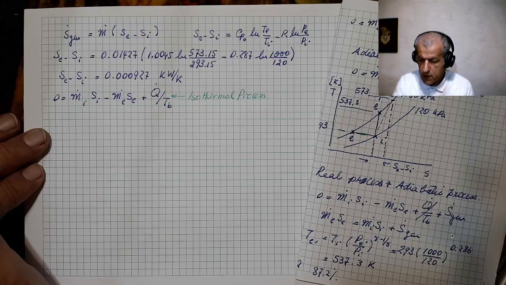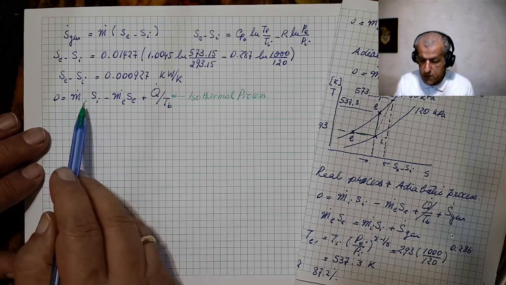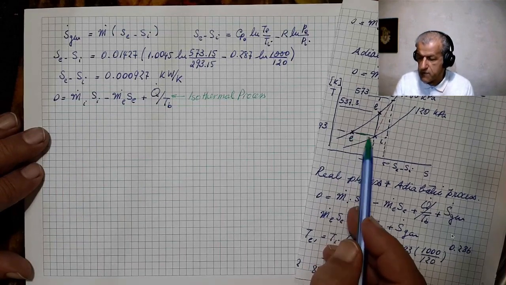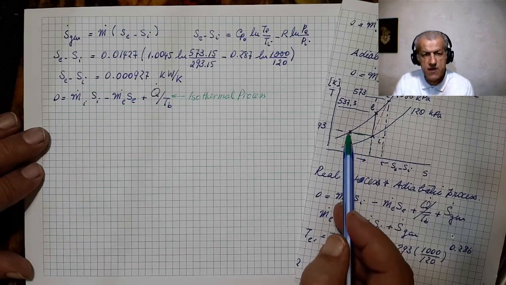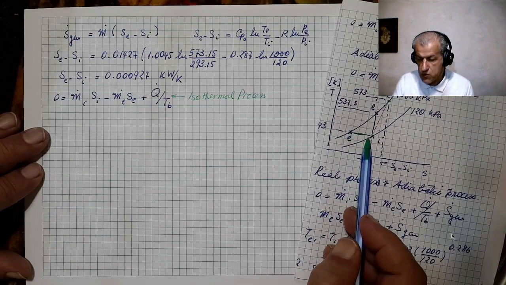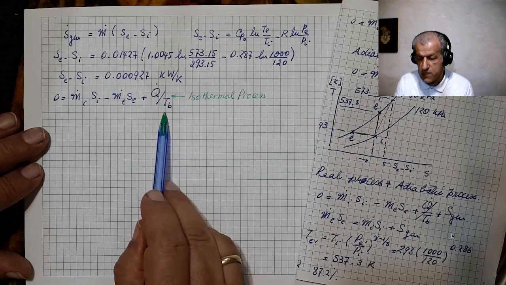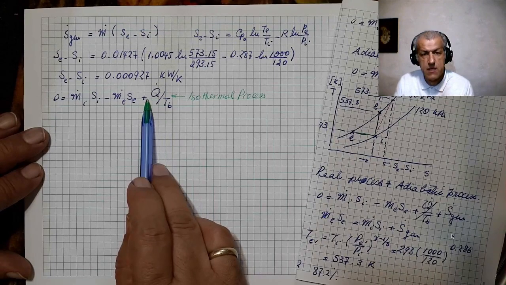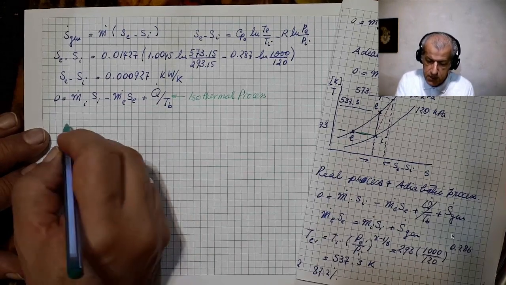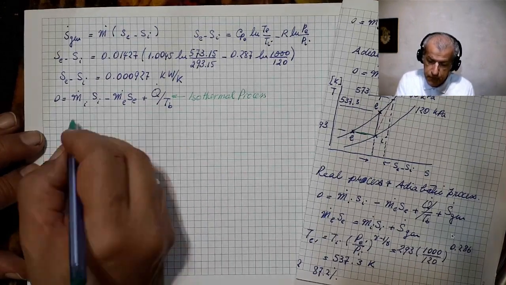Now, are we able to calculate Si minus Se? Are we able to calculate the change of entropy between these 2 points? If we could do that, then we could multiply it by Tb and calculate Q dot. Let's see, how does it look like?